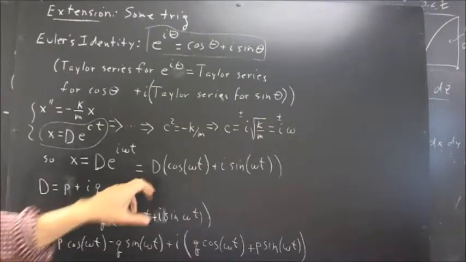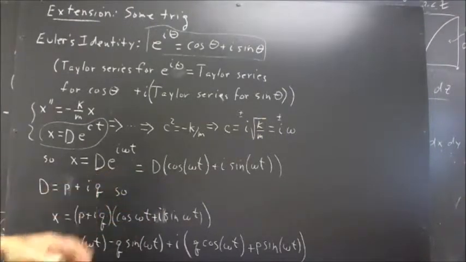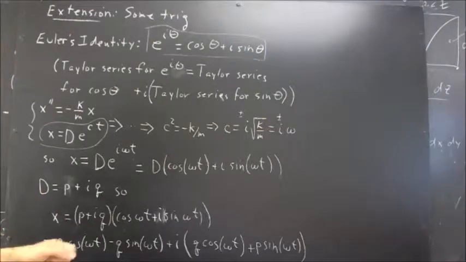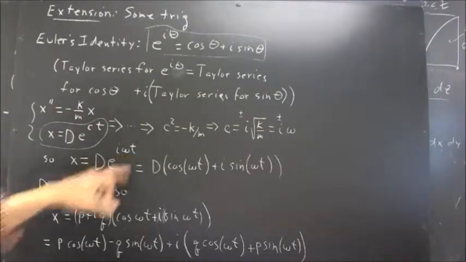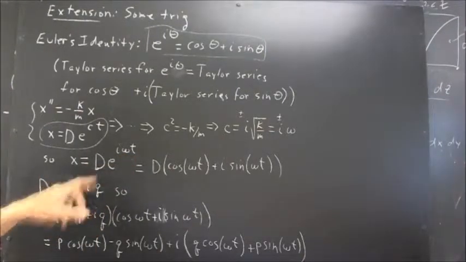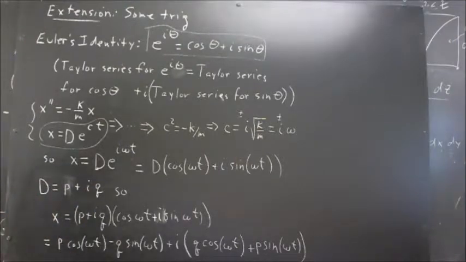There's no reason to suppose that d is a real number. Why should we restrict d to being a real number? There's no justification at all. So we're going to let d be a complex number, and we're going to call the real part p, the imaginary part q. So d is p plus iq.